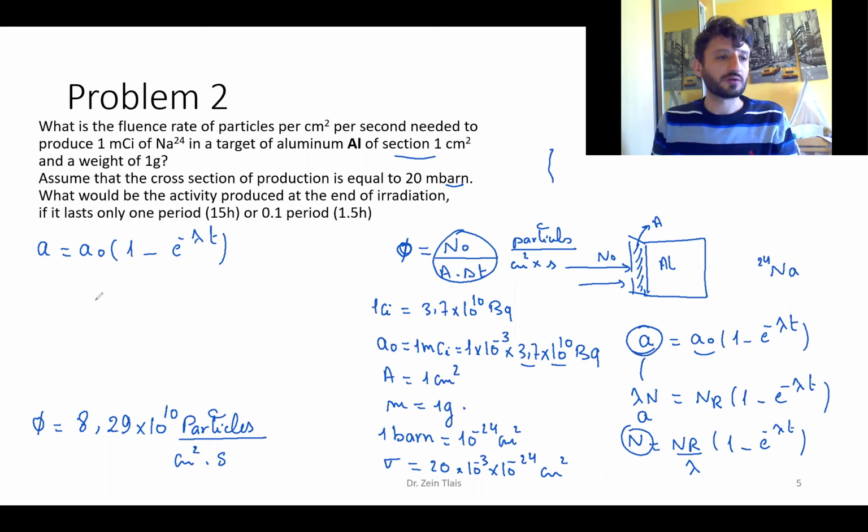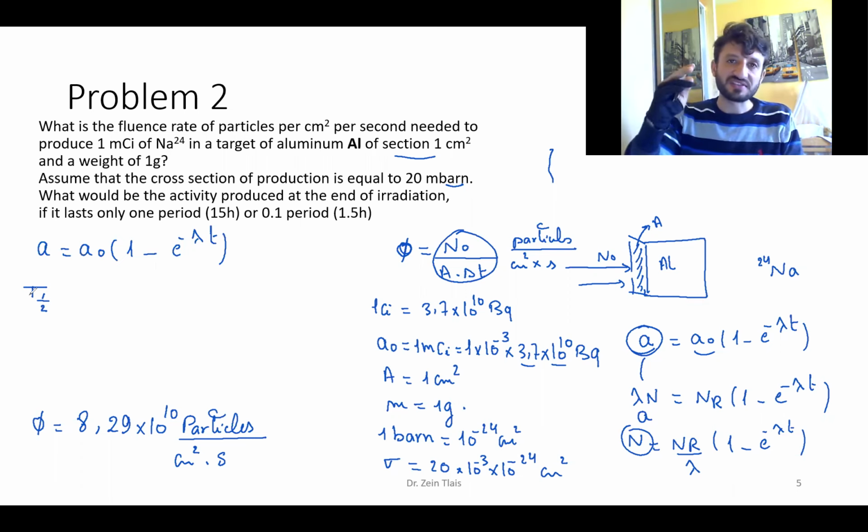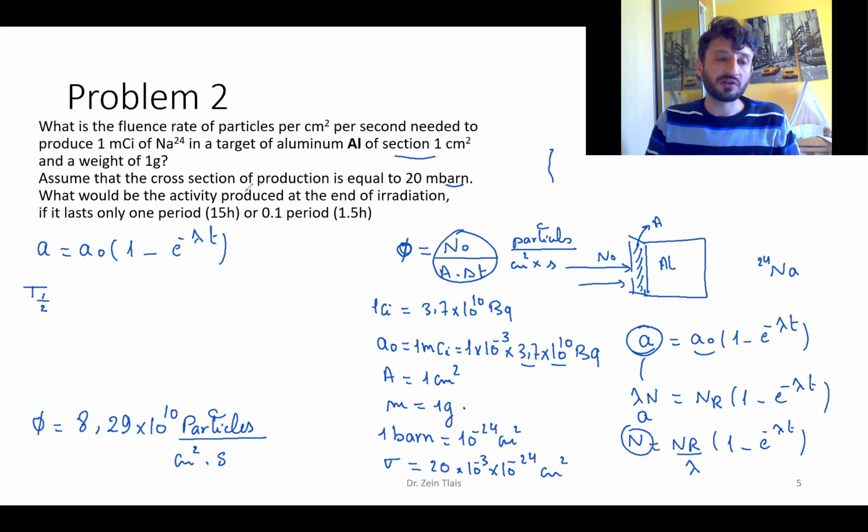I need to calculate A. You know, I give you a period, t half, and I want to calculate the activity after the end of irradiation, because you have a creation of an unstable element, and this unstable element will decay to a stable element. So I need to calculate this value of activity at a time equal to the half-life.